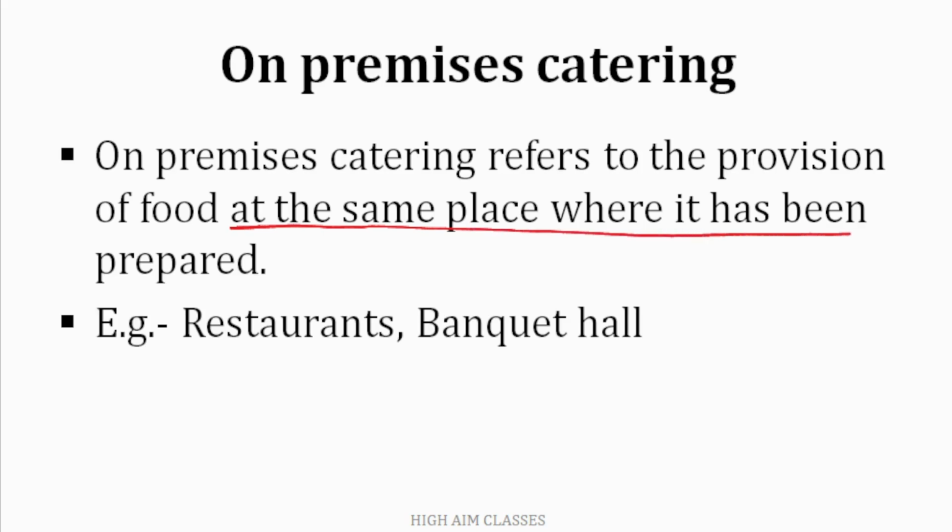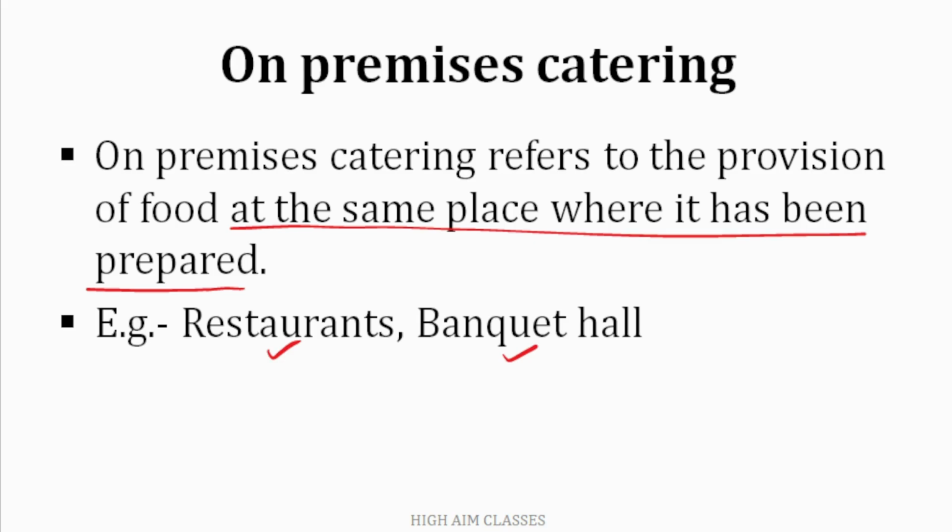So all the restaurants that have a kitchen and prepare food and serve in their restaurants, and all the banquet halls which have food cooking facilities and serve the food there, we term as on premises catering. So we are providing food on our own premises, we are not providing somewhere else. For example, we have restaurant and banquet. I guess you have got a fair idea of this.